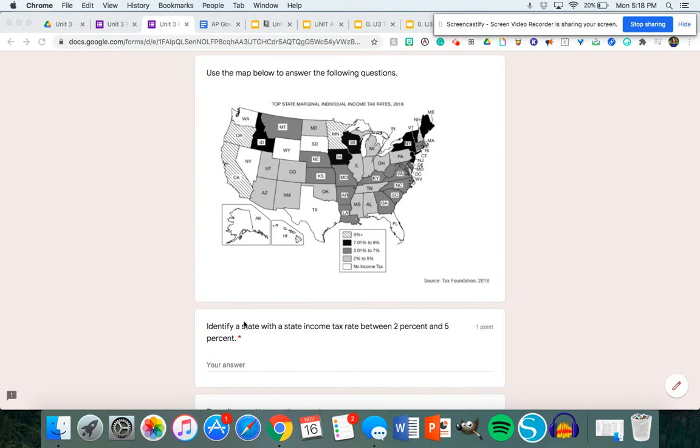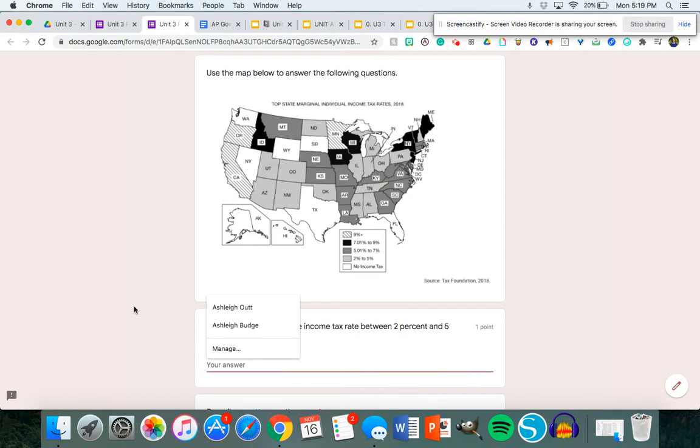This is a 4-point question, and your first point comes from identifying a state with a state income tax rate between 2% and 5%. This is going to be one sentence, and you're going to take a look at your map and your key and figure out what state has an income tax rate between 2% and 5%.